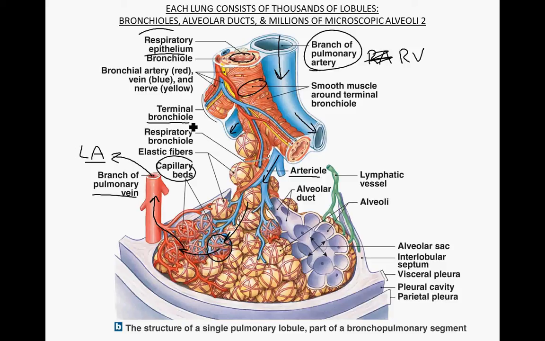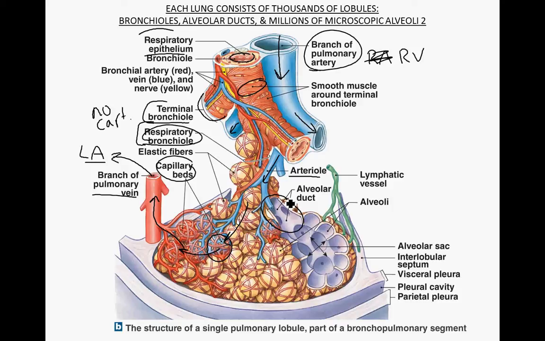This is a terminal bronchiole here, and then down to the respiratory bronchiole where the cartilaginous rings have ended here. So in this terminal bronchiole and the respiratory bronchiole, there are no cartilaginous rings. These respiratory bronchioles then will open up, and here they've made a section through that.